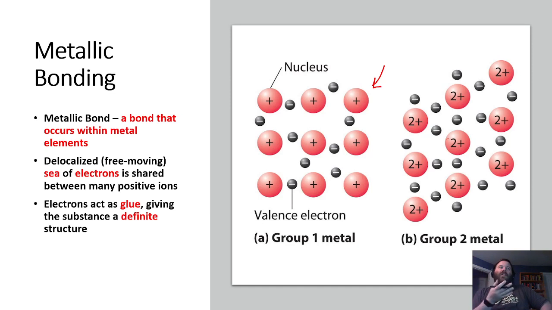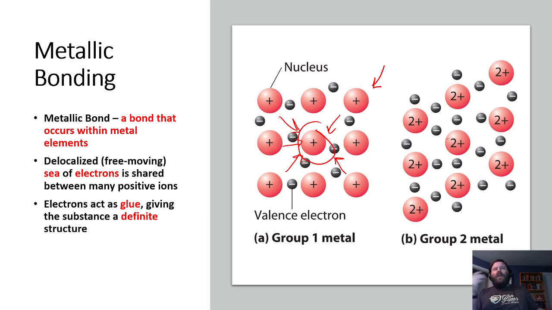Basically, the positive nuclei are going to be repelling one another. That forces them into this shape because this center nucleus here is being repelled on all sides, so it has to stay in the center. And this shape is three-dimensional as well.